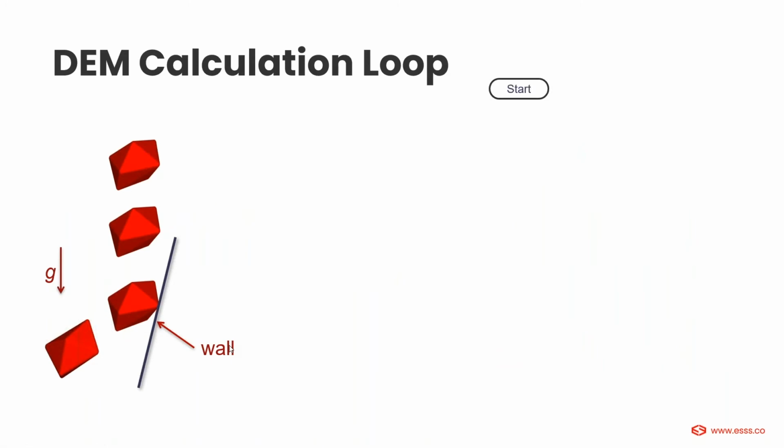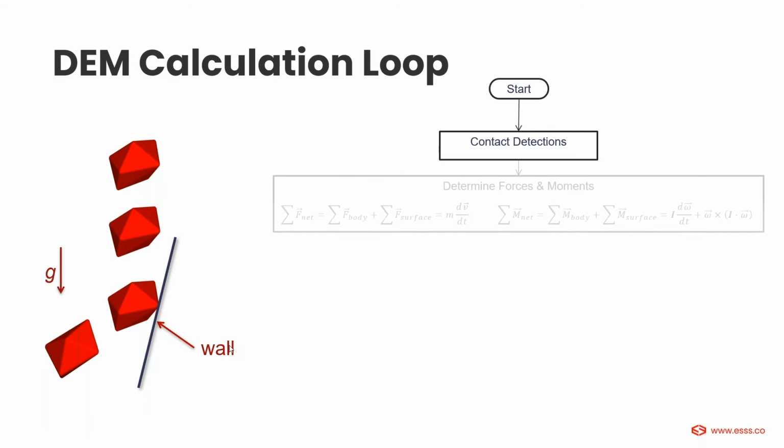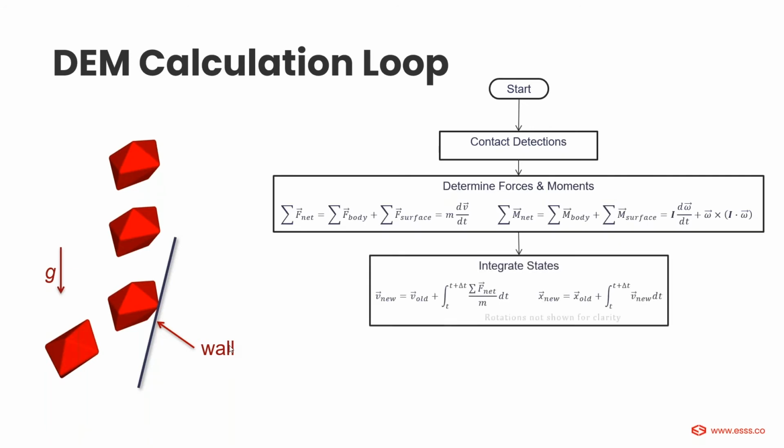In order to create some context for the scalability studies, I would like to show you, from a very general perspective, how a DEM calculation loop actually happens. As you can see from this diagram, as soon as the simulation starts, one of the first and main steps is that, for each of the particles inside the domain, we need to populate a list of neighboring particles. This is done also for other elements, like the boundaries, as you can see here represented by this wall.